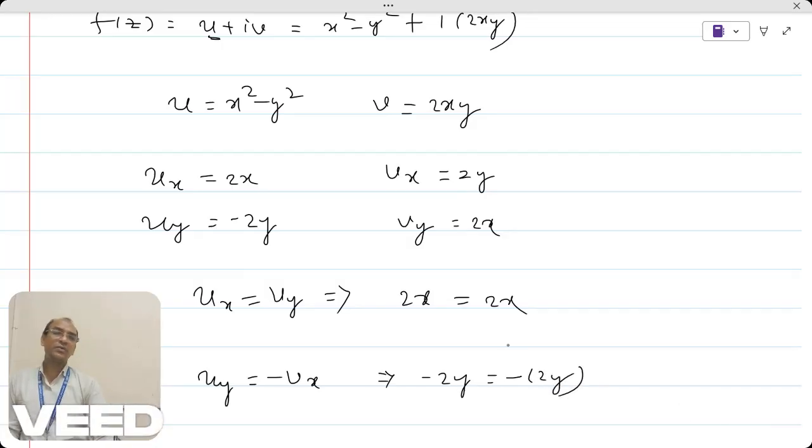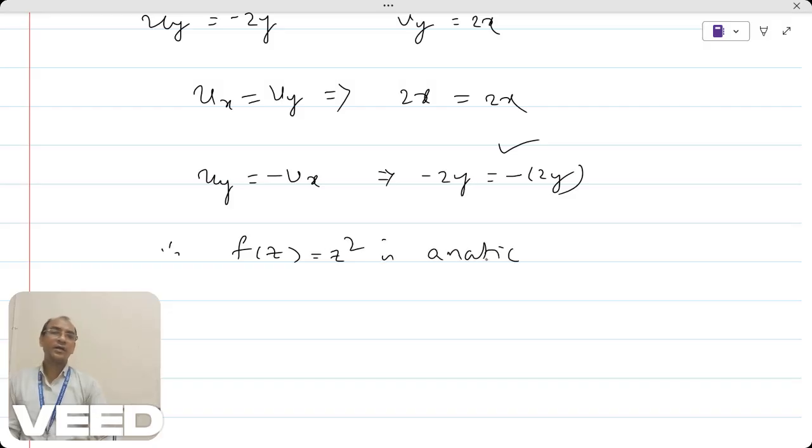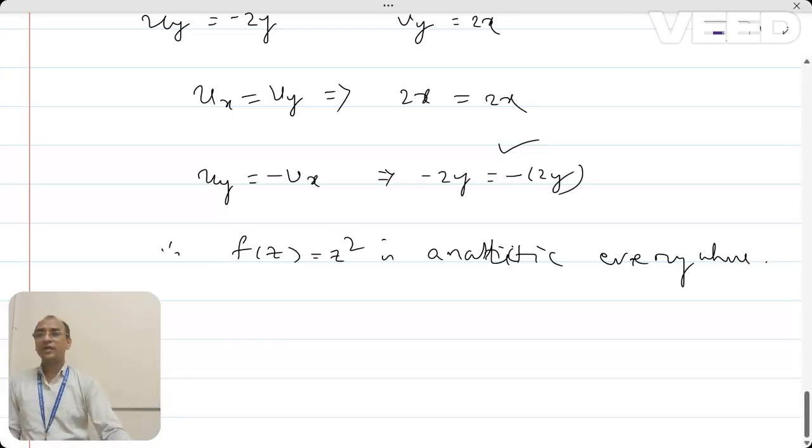So minus 2y equal to minus 2y. So uy equal to minus vx is also satisfied. Therefore, f of z equal to z square is analytic everywhere.